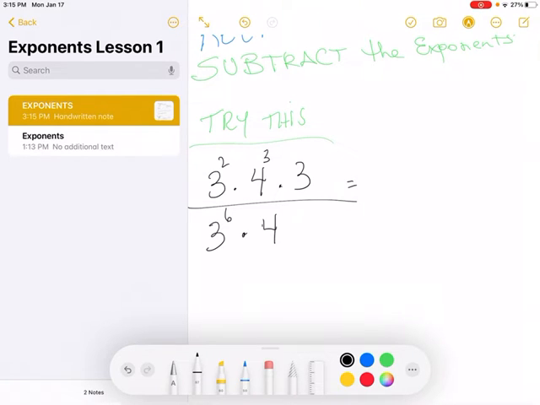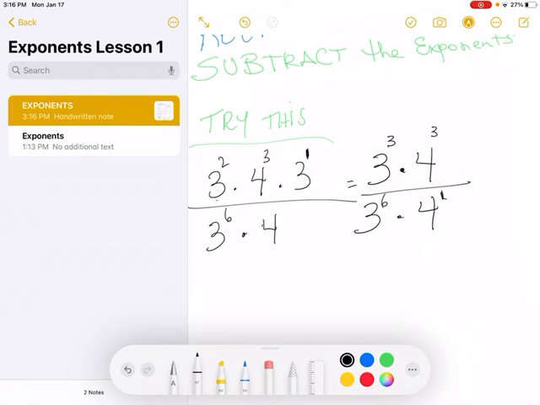All right, let's try this one. As you can see on the top, you have 3 to the second and 3 to the first. Remember, if you don't see anything right away, add the 1, the invisible one. So I'm going to put those 3's together. So I have 3 to the power of 3 and 4 to the power of 3. On the bottom, nothing to combine: 3 to the 6 and 4 to the power of 1.